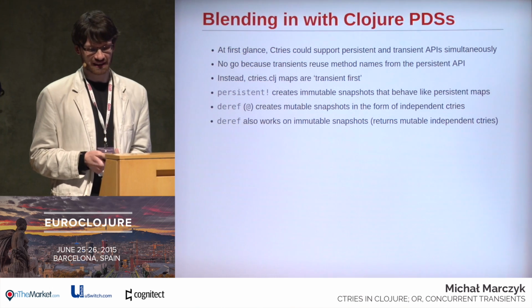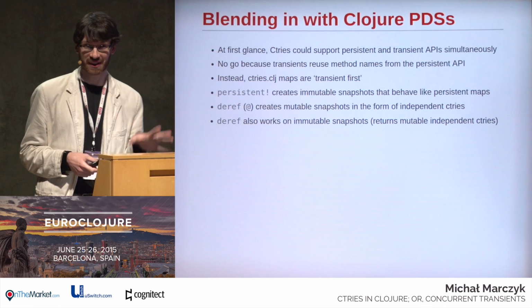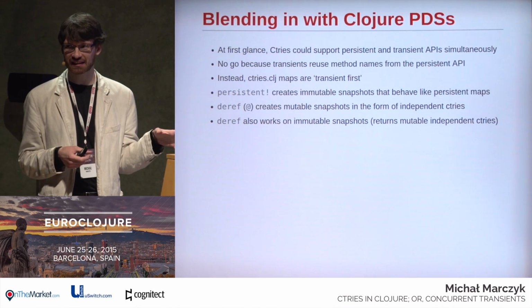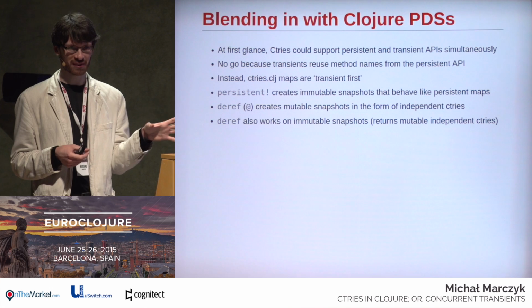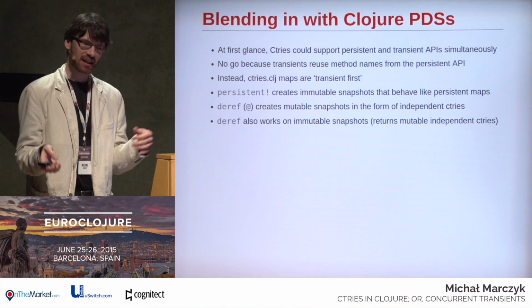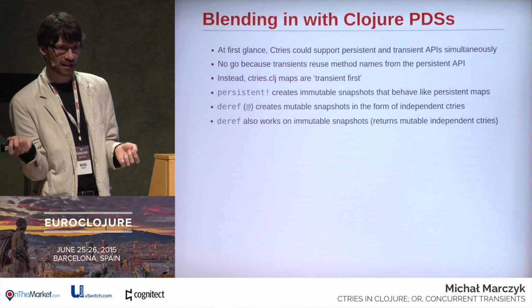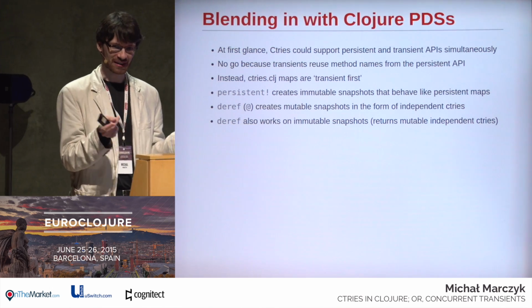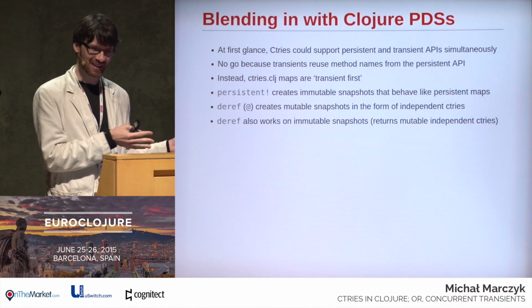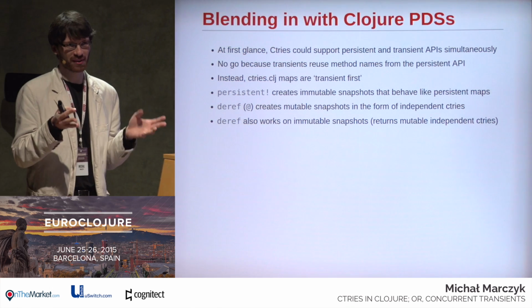What persistent! does here is slightly different to what it does with transients, because with transients, a call to persistent! invalidates the transient, which can then no longer be used. On ctries, persistent! is harmless to the original, and what it gives you as its return value is an immutable snapshot. And that immutable snapshot is a persistent map.